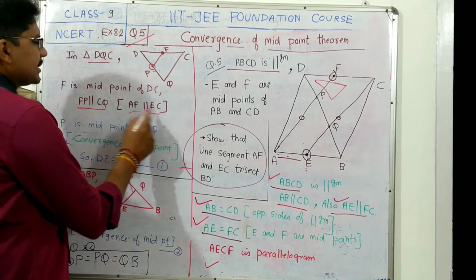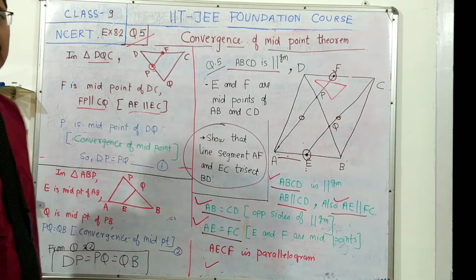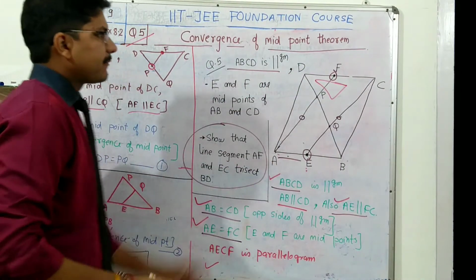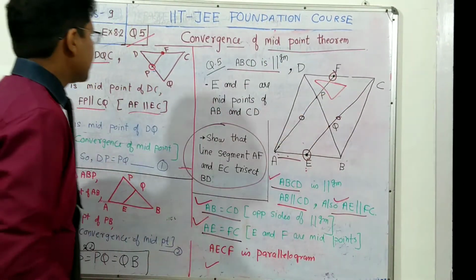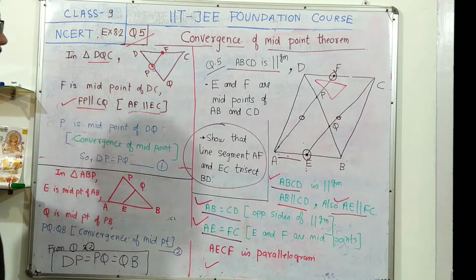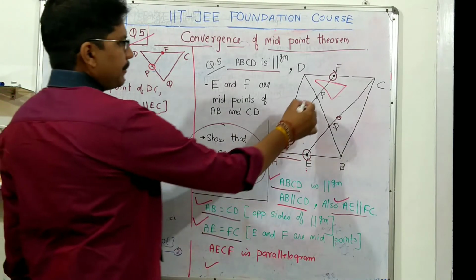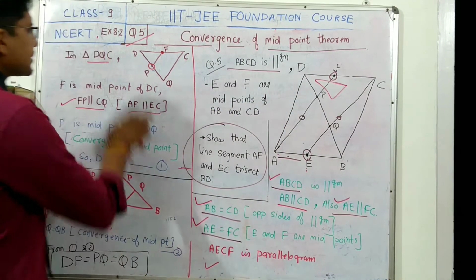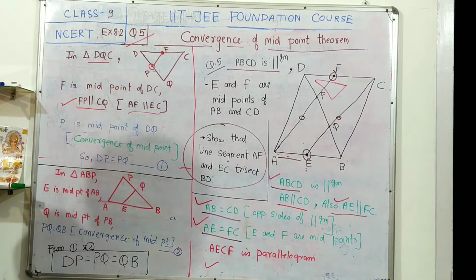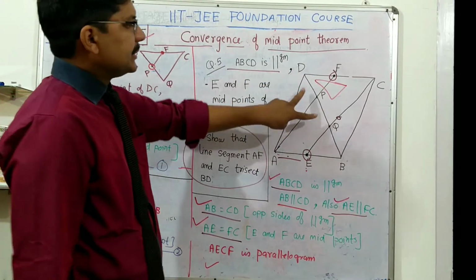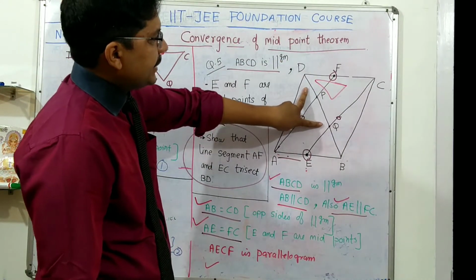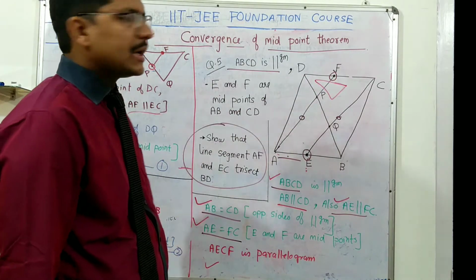Now P is the midpoint of DQ, because AF is dividing DQ into two equal parts.